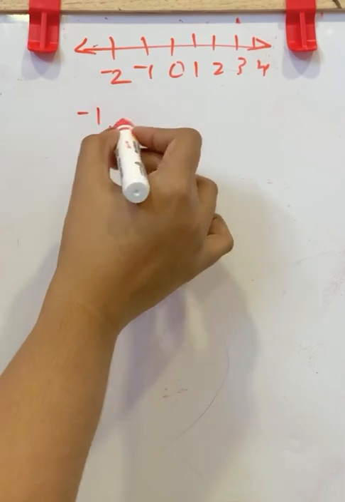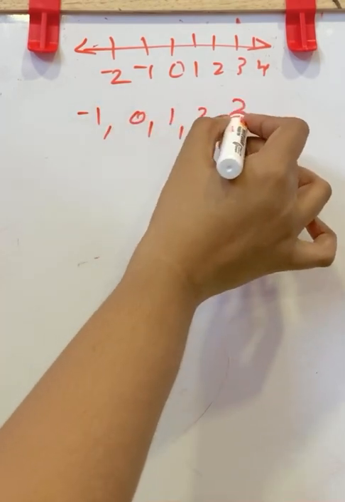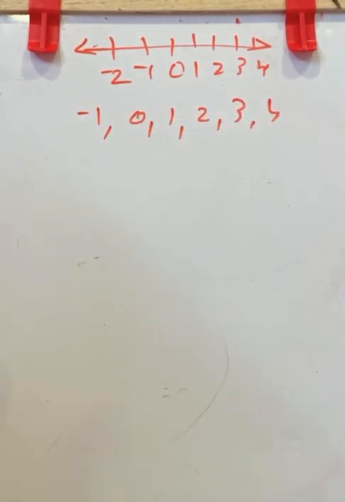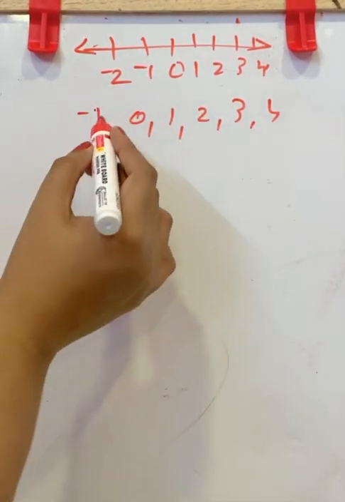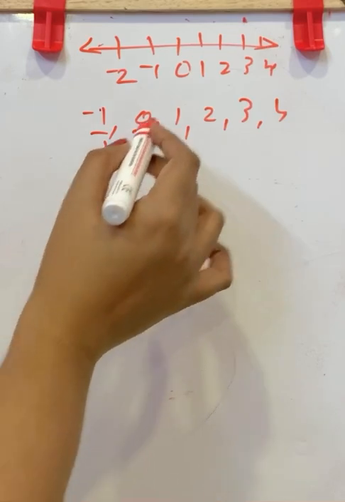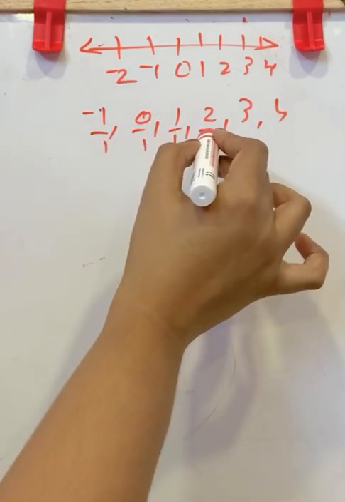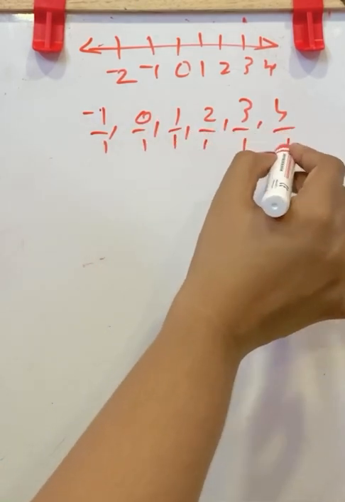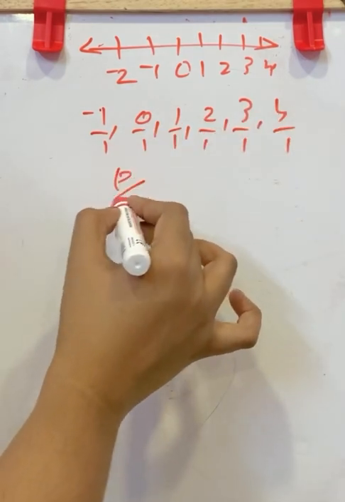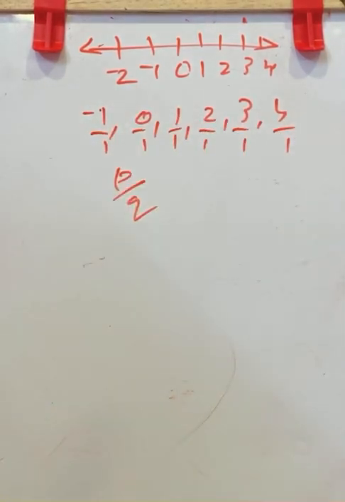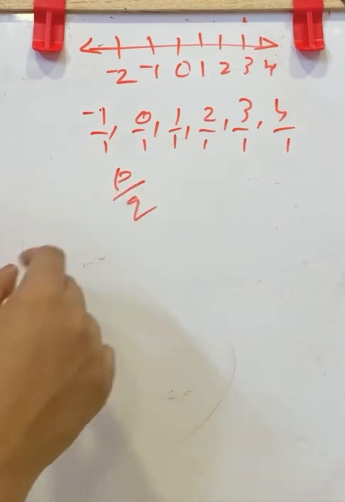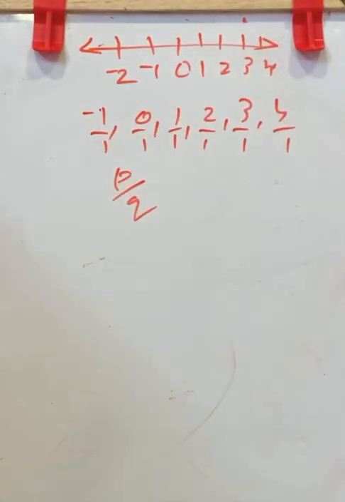You can take negative 1, 0, 1, 2, 3, 4, etc. Here all are rationals because each can be written in the form p by q. Negative 1 means negative 1 by 1, 0 by 1, 1 by 1, 2 by 1, 3 by 1, 4 by 1. All are p by q form, so all are rationals.